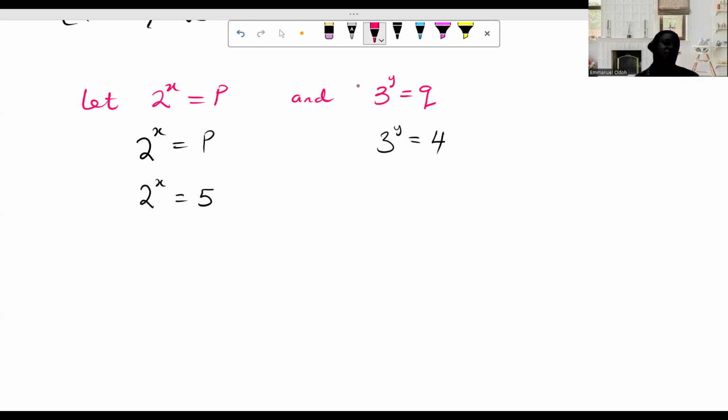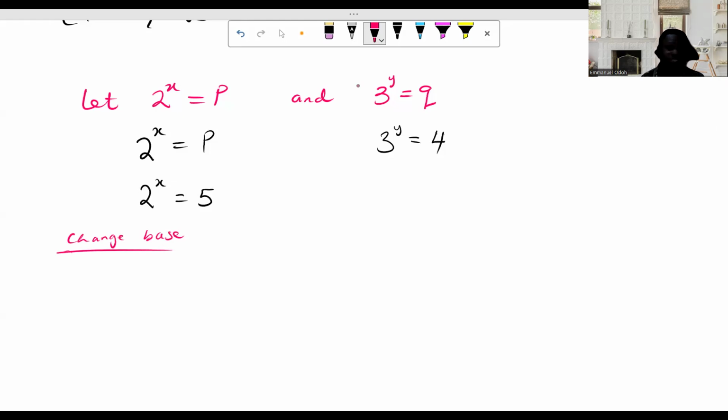So we have 2 to the power of x equals 5. So how do we get the value of x here? I think what we need to do here is to change the base. We've not done logarithm. There's a rule in logarithm called the change of base.